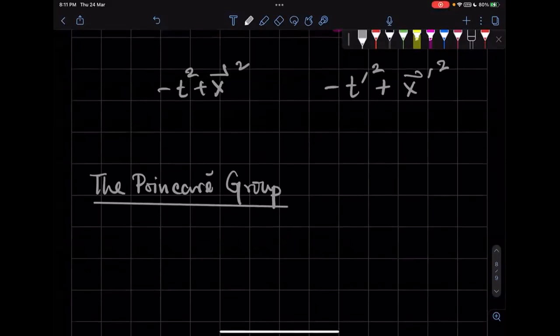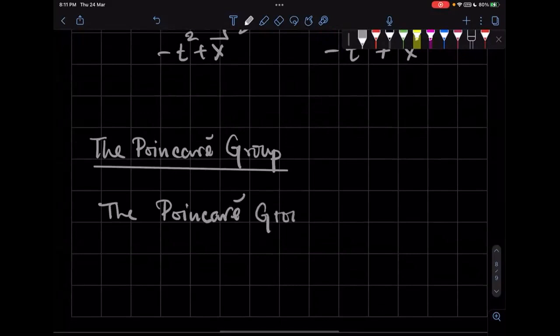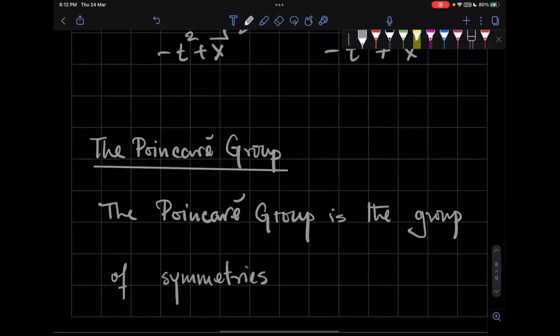Okay, so the Poincaré group is the group of symmetries of the Minkowski space.